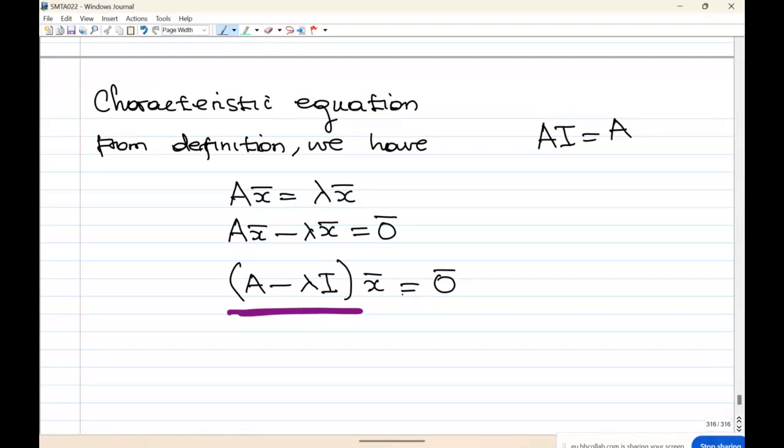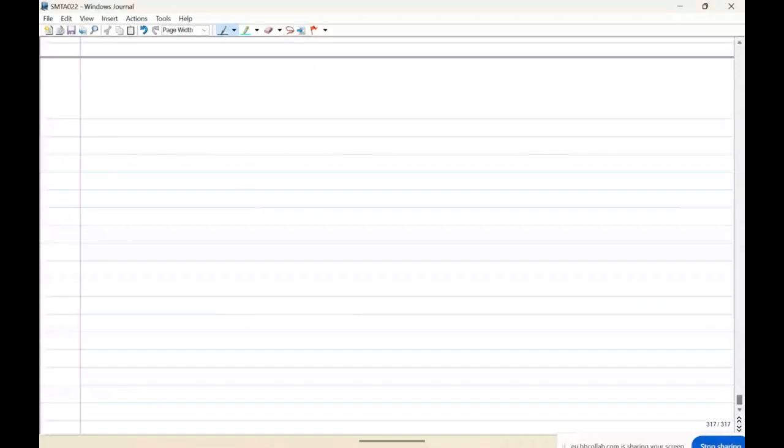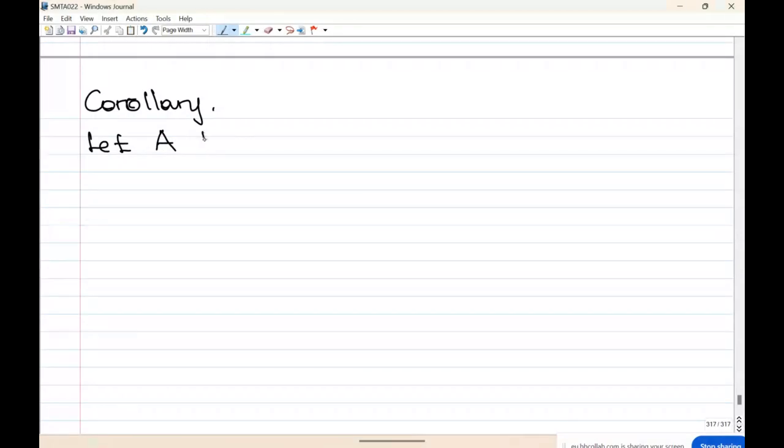Yes, sir. So now, this is just a repetition, but it's fine. Let me take you through. Let's say you have this one as equation number 1. It's a repetition of what we've done on Wednesday, but it's fine. Let's check this corollary. On the corollary, we have a matrix A, and that matrix is a square matrix.